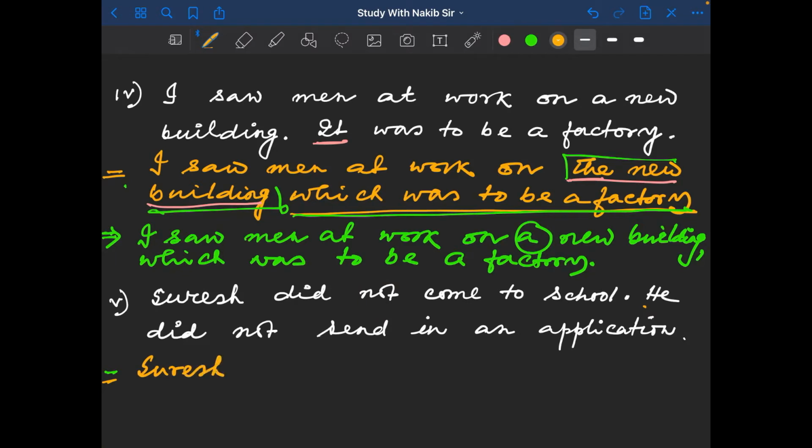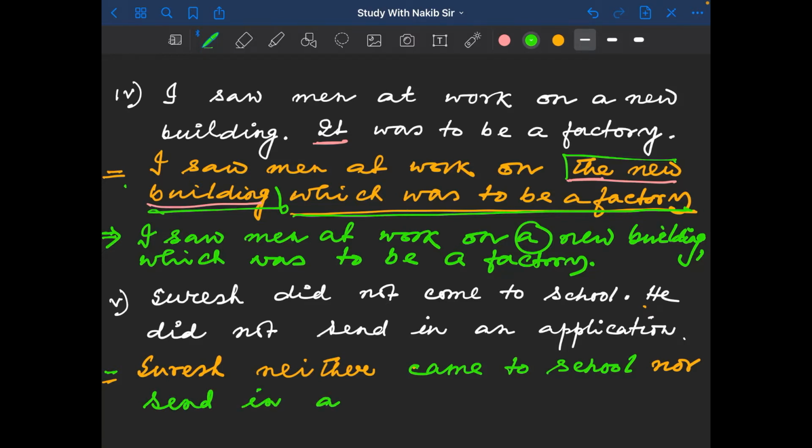Suresh neither came to school, nor send in an application.